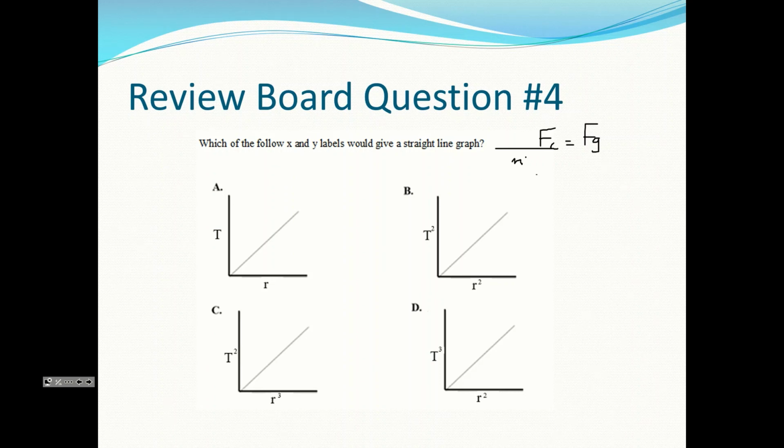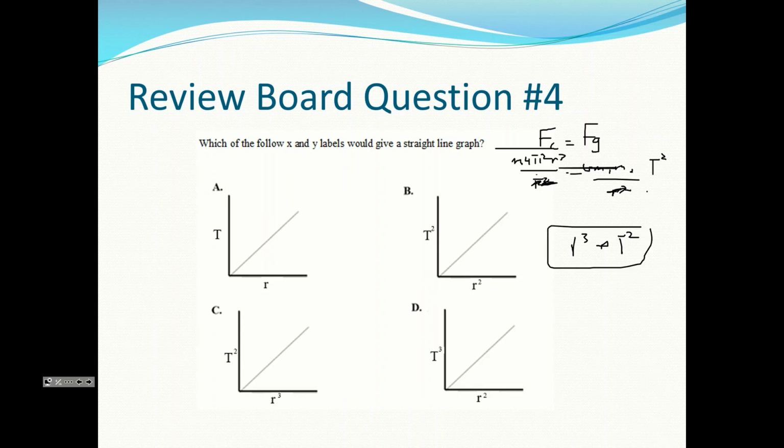So this is m 4 pi squared r all over T squared is equal to G mass 1 mass 2 all over r squared. And what we want to see is, I'm going to move the r squared up there, the T squared up there, and we see the relationship between r and T is this, right? That's the way that it looks in the formula.